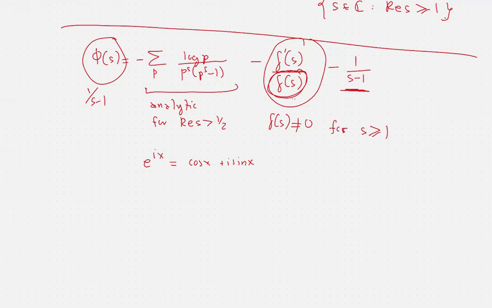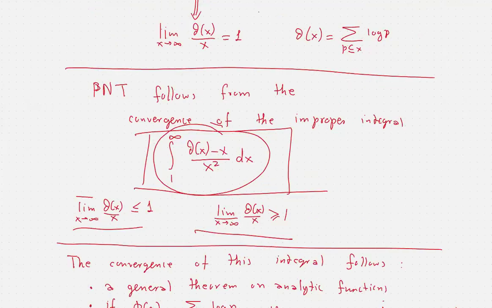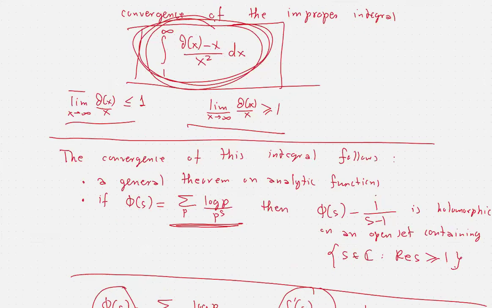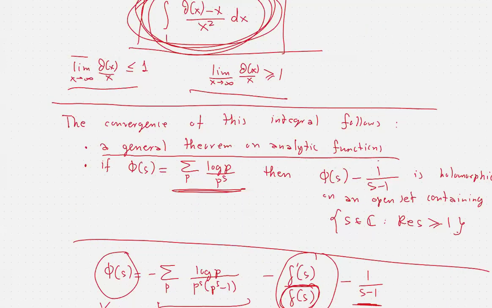So let's recap. The main step is to understand that the convergence of this integral implies the prime number theorem. The second step is to have a general theorem on analytic functions that connects the convergence of this integral with the analytic properties of this function, or rather of its difference with 1 over s minus 1.